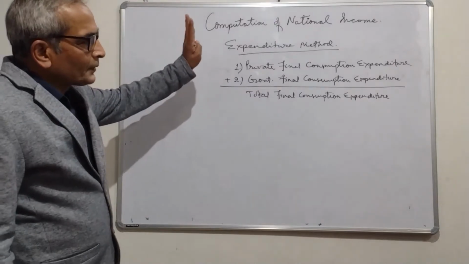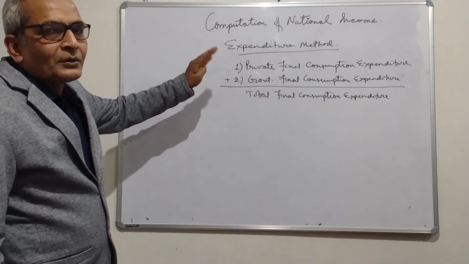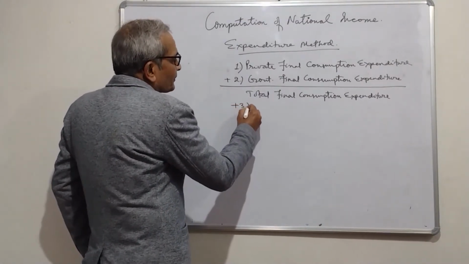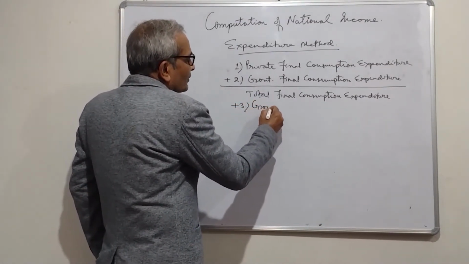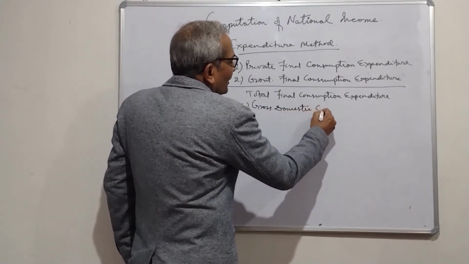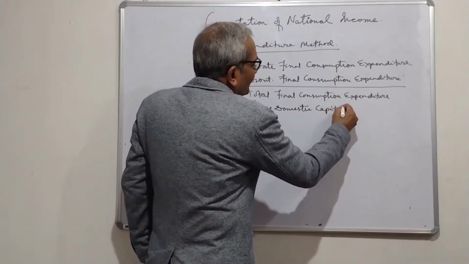The third item, now we have done the consumption goods. Now comes capital goods. So the third item is gross domestic capital formation.